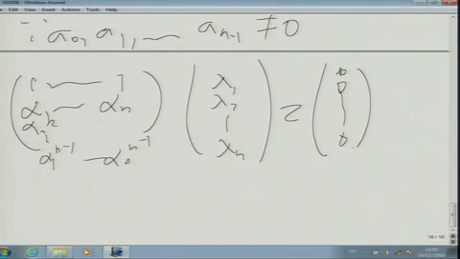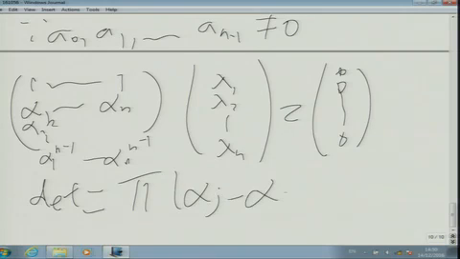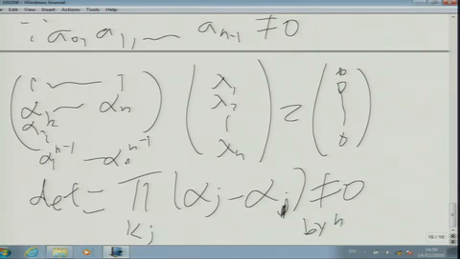And the matrix on the left hand side is known to have a determinant which is the product of (alpha_j minus alpha_i) with all i smaller than j, and this is the Vandermonde matrix, and this determinant isn't equal to 0 by the hypothesis that alpha_i isn't equal to alpha_j.